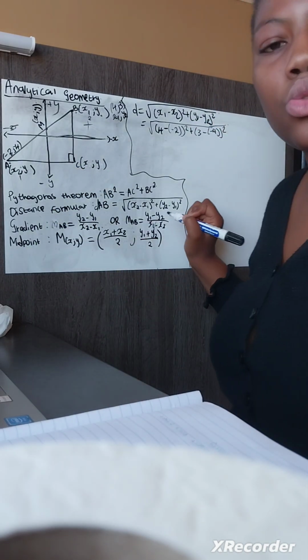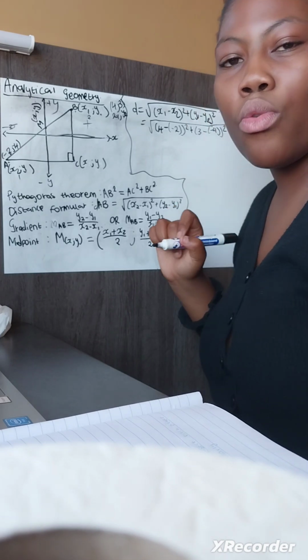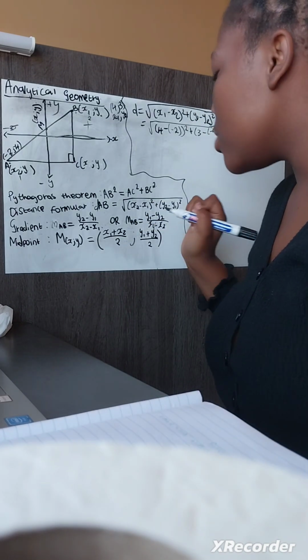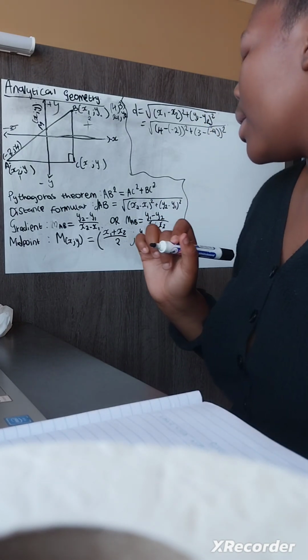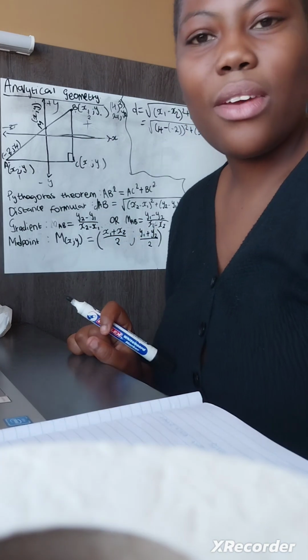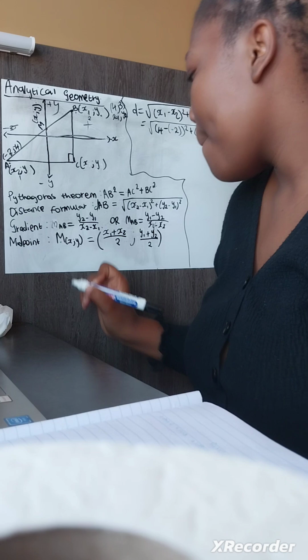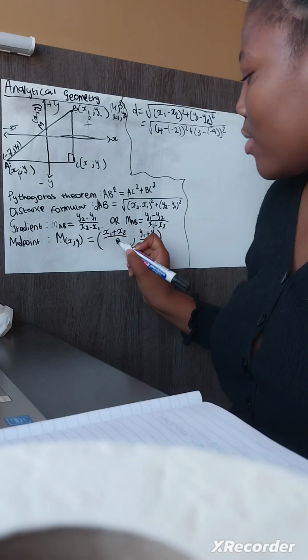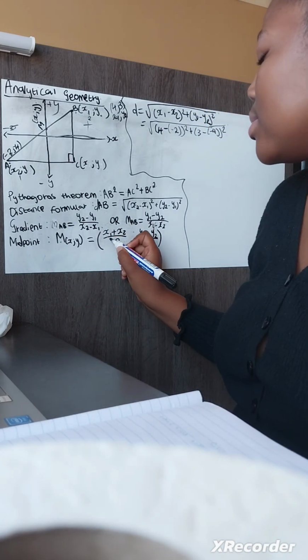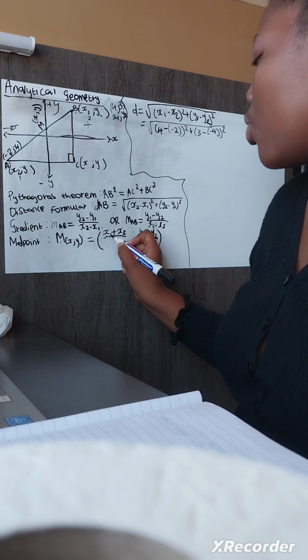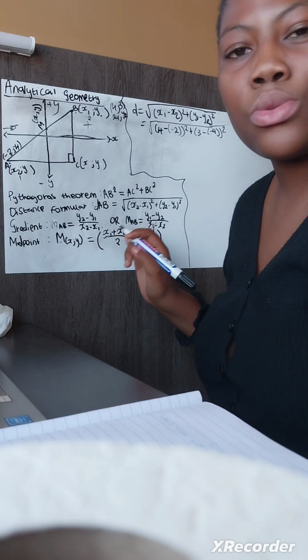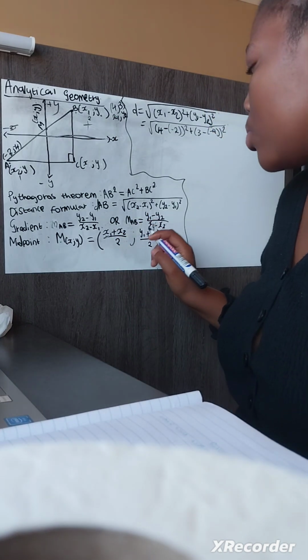Or you can say it's y1 minus y2 all over x1 minus x2. Right? Then we have the midpoint. It is represented by a capital letter M. To find the midpoint, we are given this formula. We have x1 plus x2 over 2 and y1 plus y2 over 2.